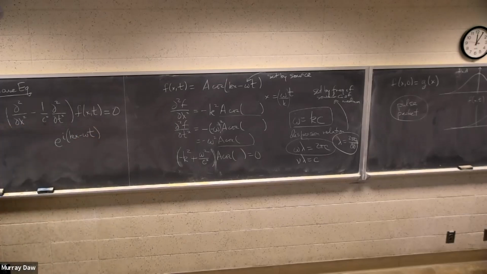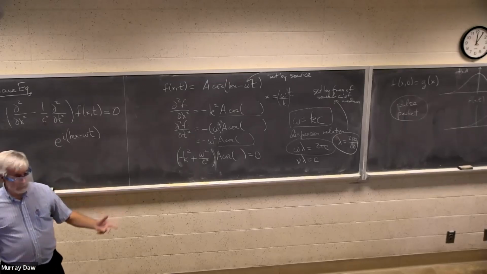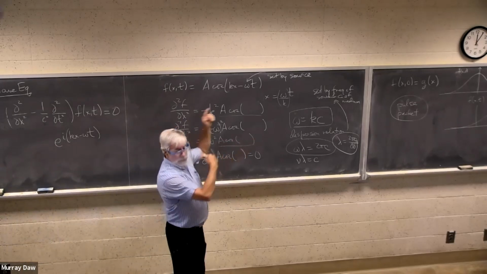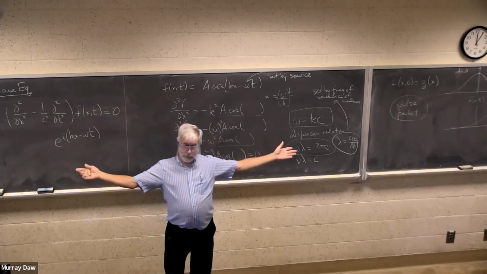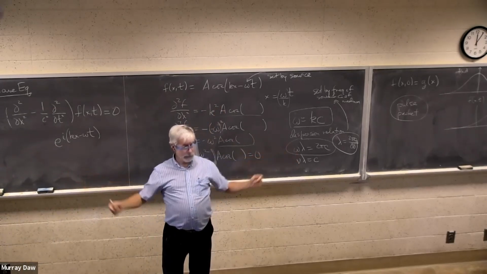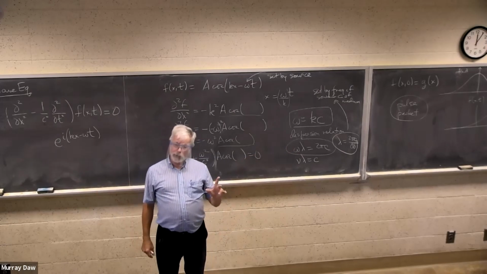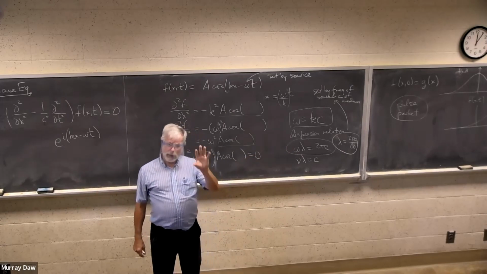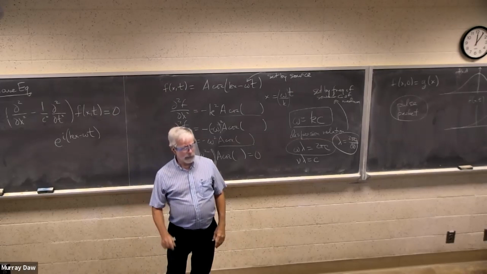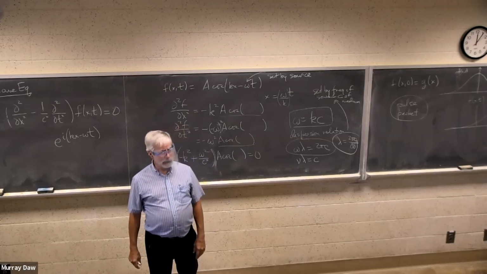That's also a solution. It's complex. You talk about superposition. Can I take a right traveling wave and a left traveling wave and get a solution by adding them together? Yes. What about a product? Can I take the product of a right traveling wave and a left traveling wave? Will that be a solution?